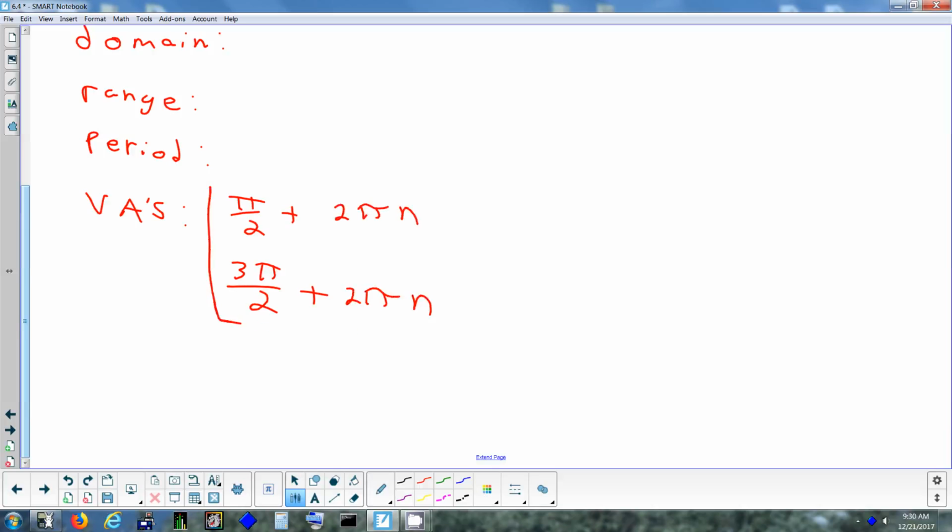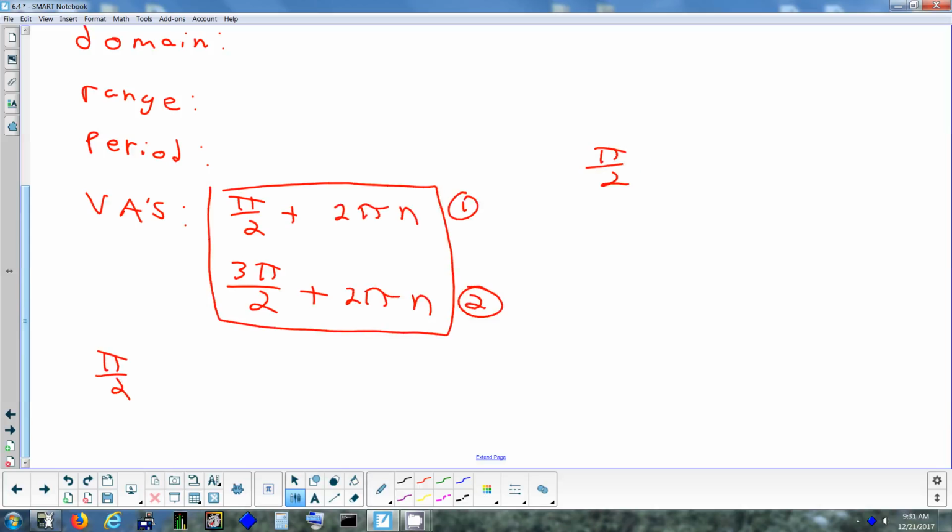So technically that's one way to describe the vertical asymptotes. Now let's write out some of them. And I wanted you to see something. So I'm just going to make a list. We'll call this the first one and the second one. Let's write out some of the first asymptotes. Pi over 2. And then the next one is, where is the next asymptote? The next first asymptote.